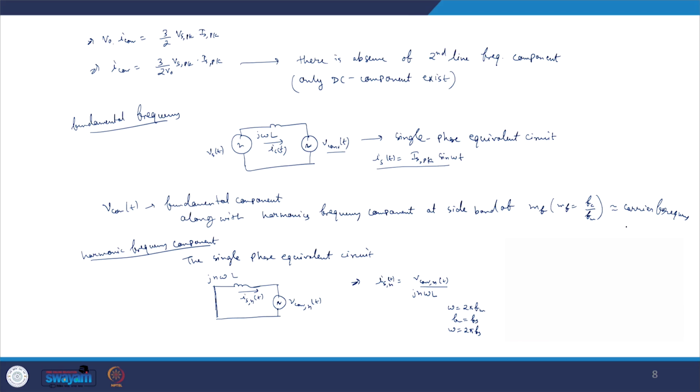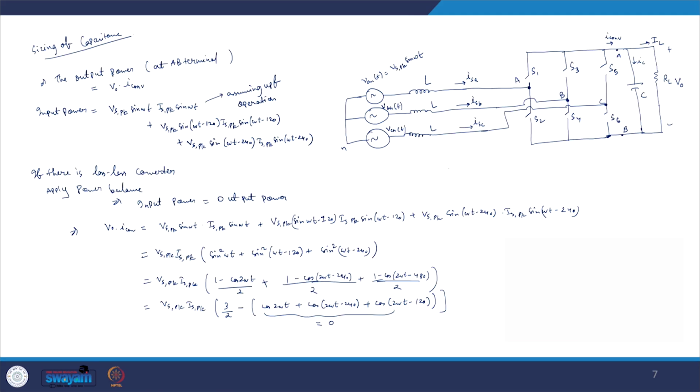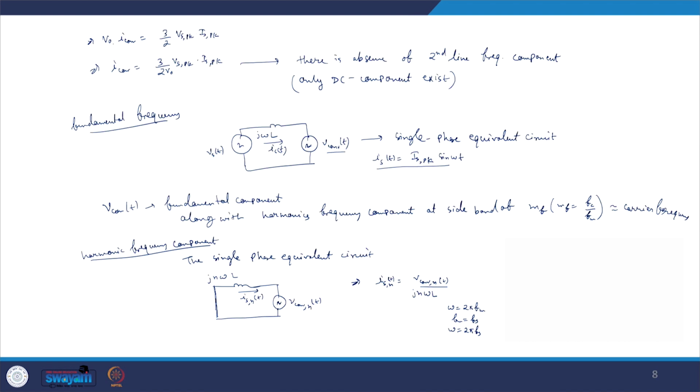This harmonic component of current will result in a harmonic component in I converter, which corresponds to the AC component of current flowing through the capacitor. We will derive that in the next class to understand the RMS current rating of the capacitor bank, and then we will see how we can calculate the value of capacitance afterwards.